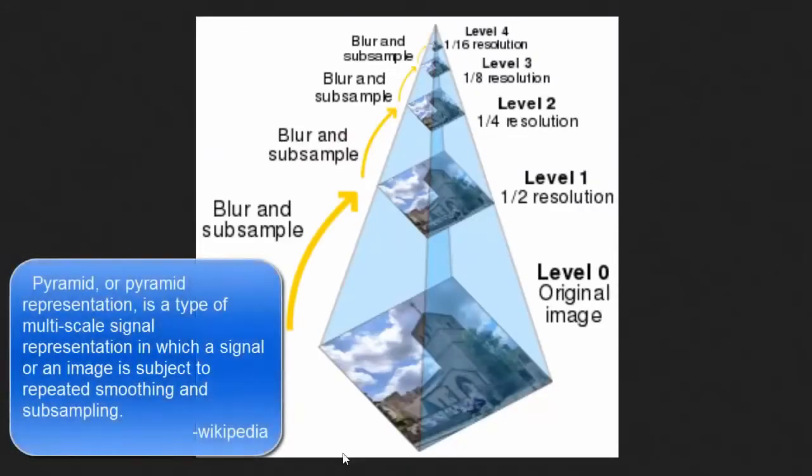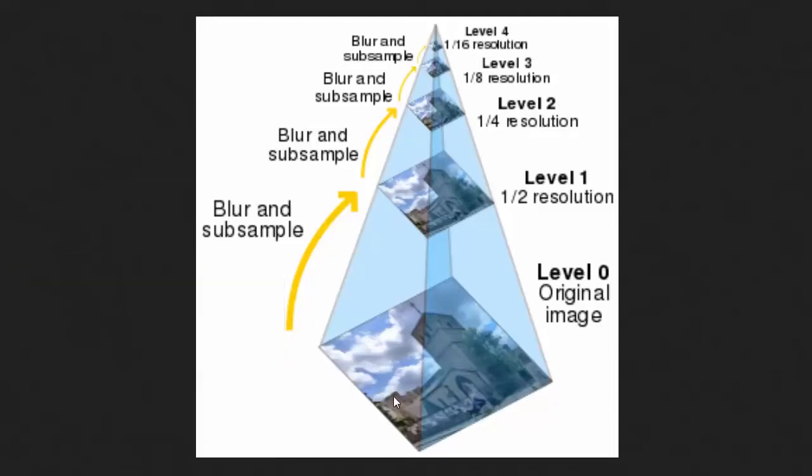So pyramid or pyramid representation is a type of multi-scale signal representation in which a signal or an image is subject to repeated smoothing and subsampling. When you create a pyramid of images, it will look like this. Let's say this is the original image at the bottom.